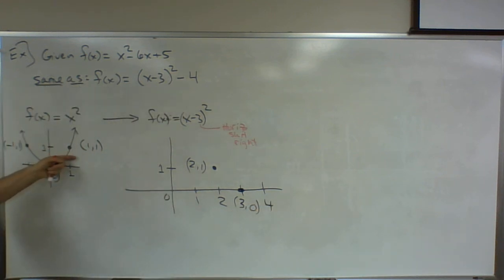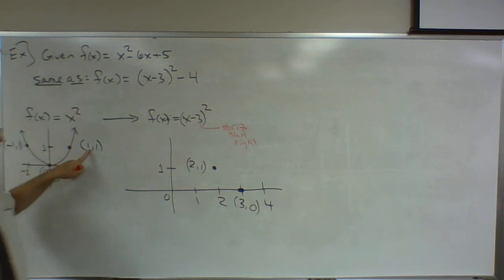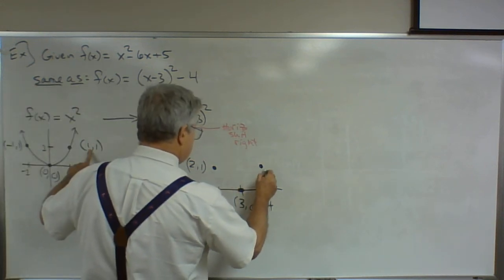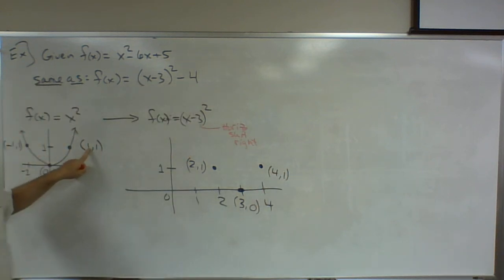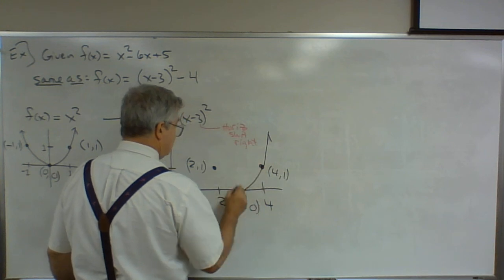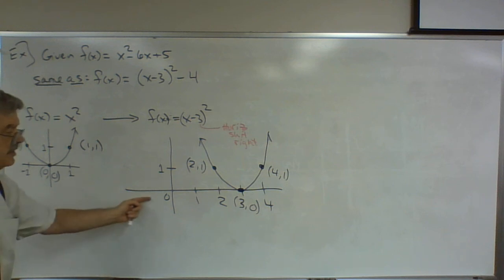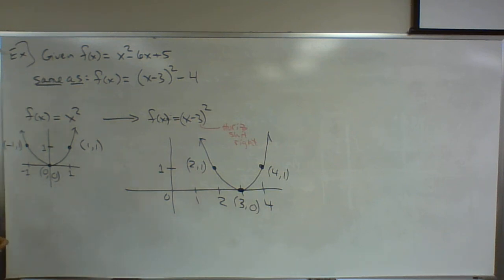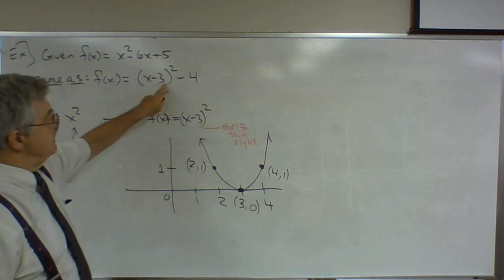And this point, I'm going to move it 3 units to the right, which means I'm going to increase this x-coordinate by 3 units. Add 3 units to this x-coordinate, I get 4. And this is my new graph. I took this graph and moved it 3 units to the right. And from this graph, I want to get this baby.